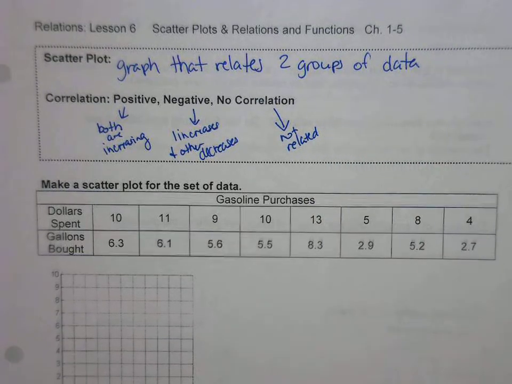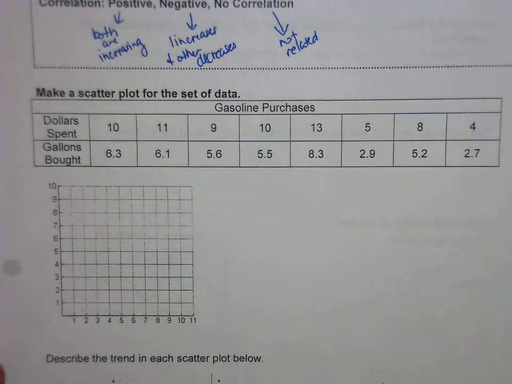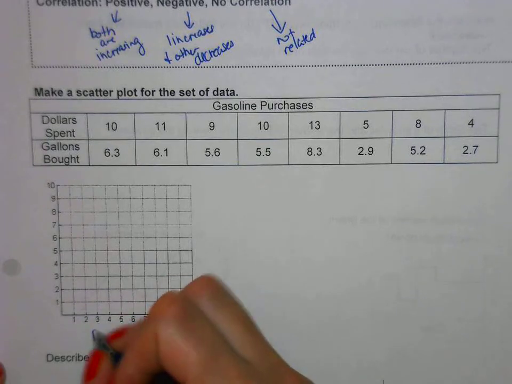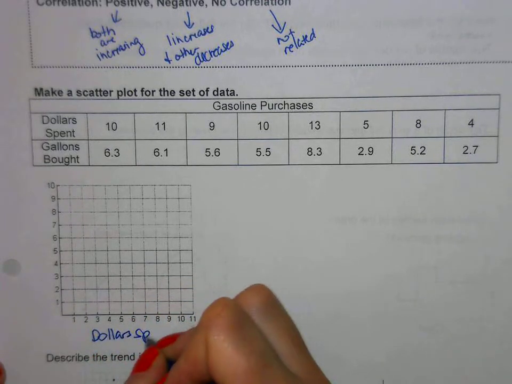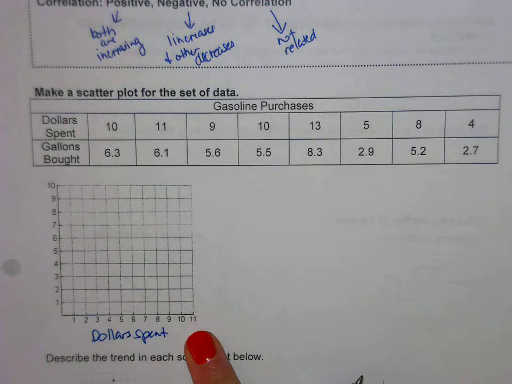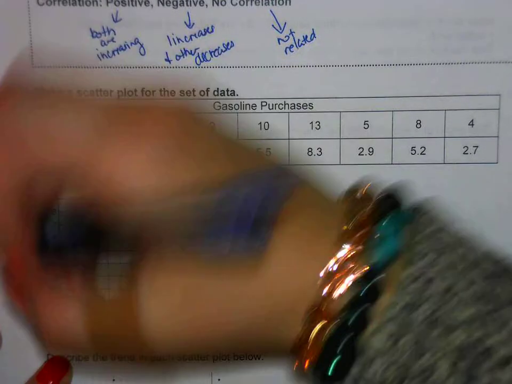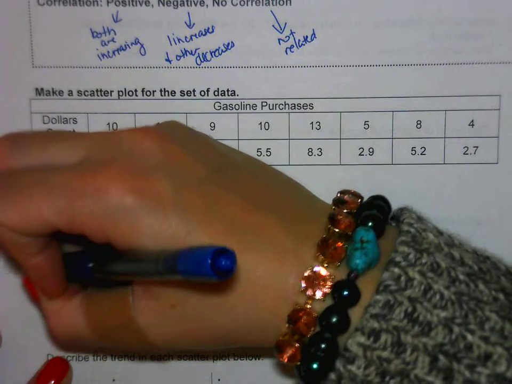So let's take a look and make a scatter plot of this given data. So I know my dollars spent and then my gallons bought.